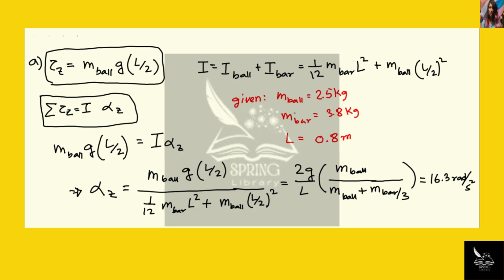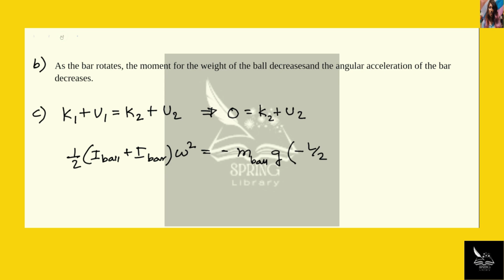Our given values are m_ball is 2.5 kg, m_bar is 3.8 kg, and L is 0.8 meters. We can plug those numbers in and see that alpha becomes 16.3 radians per second squared.